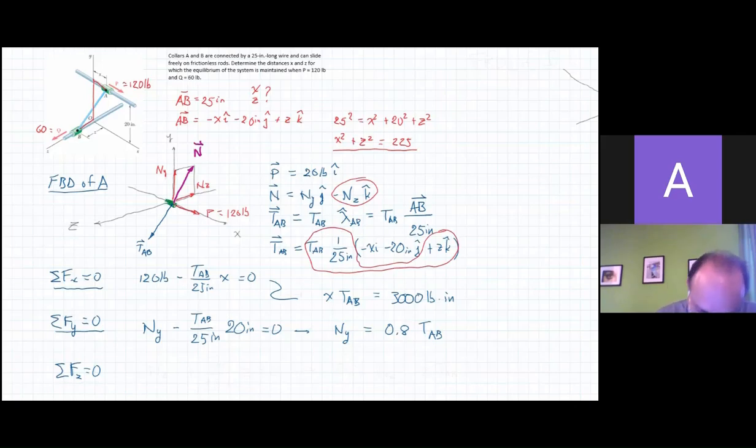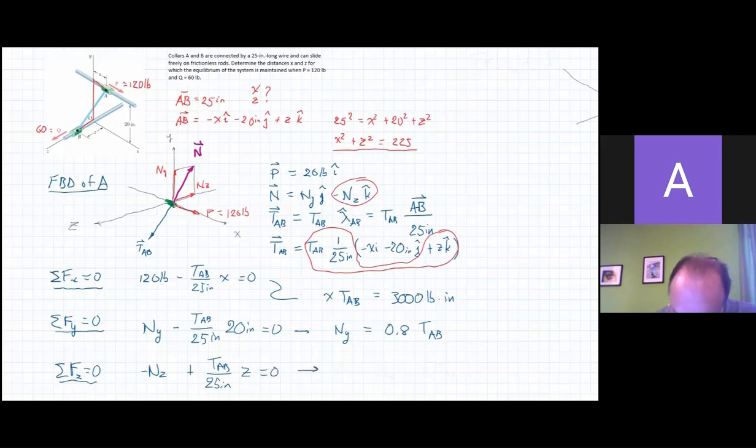So we have minus NZ plus TAB over 25 inches times z, and that summation has to be equal to 0.